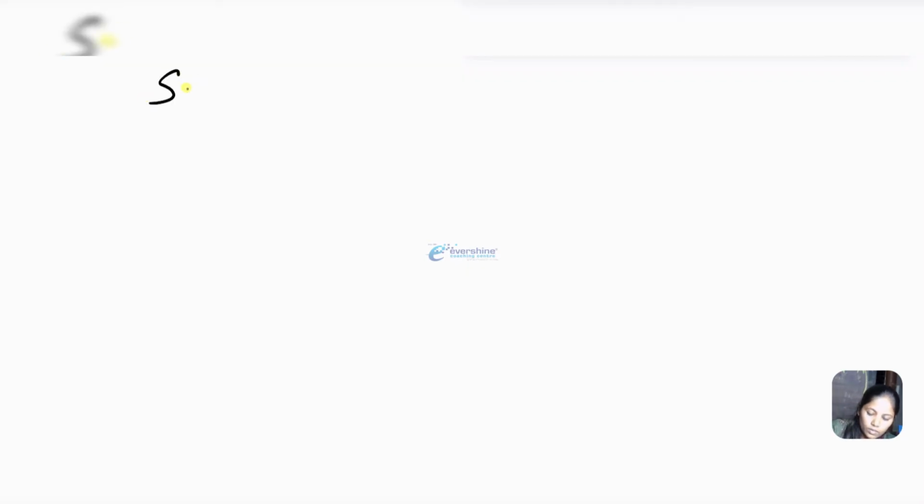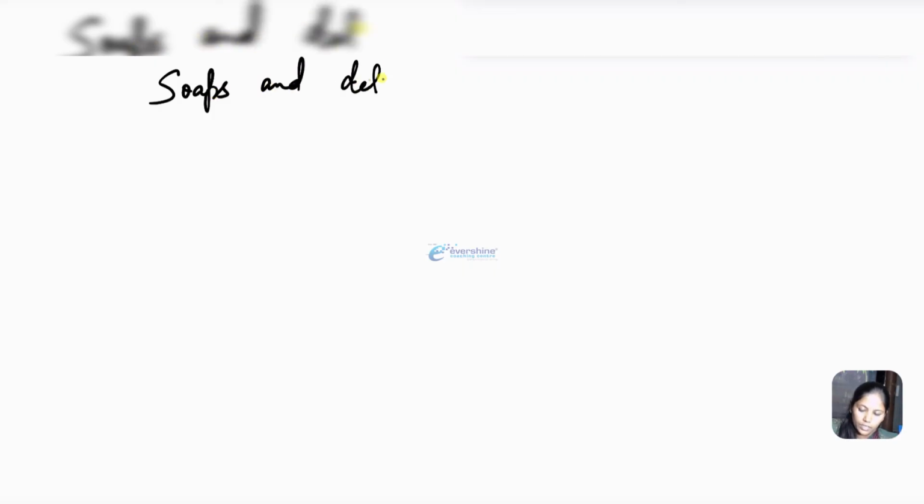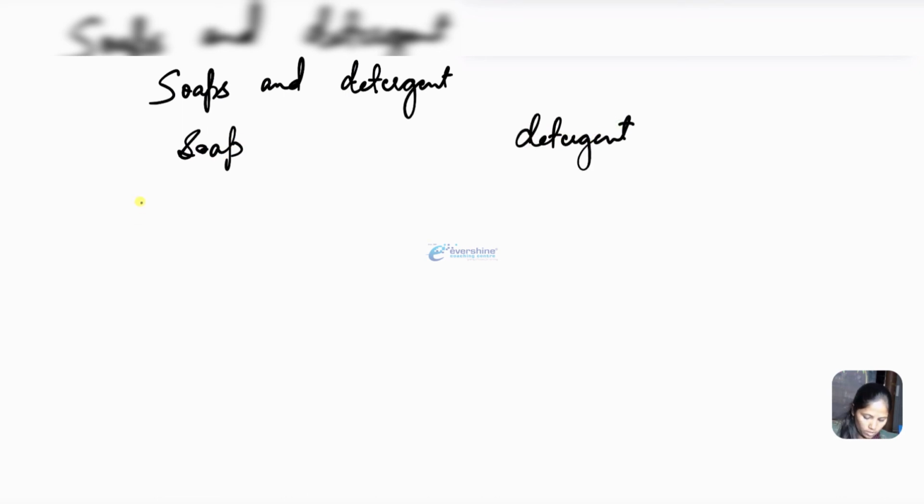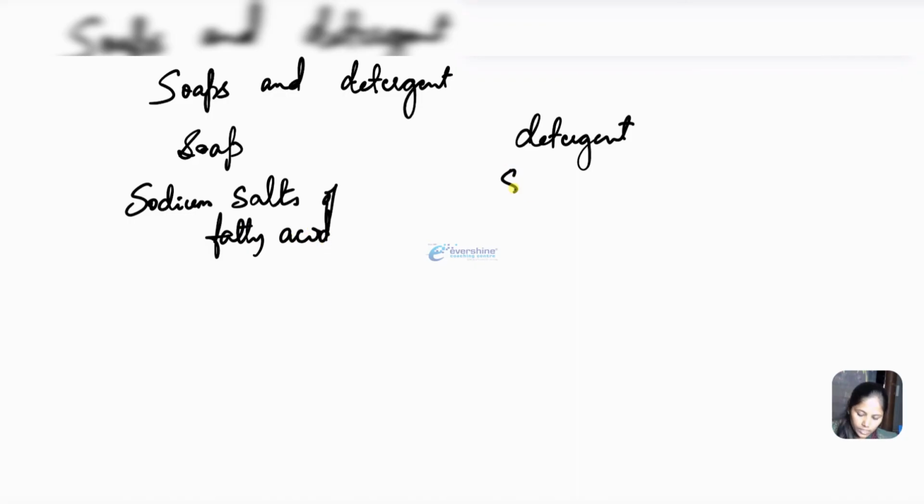In the exam, they'll ask you the difference between soap and detergent. Soap is sodium salts of long chain carboxylic acid. Detergents are sodium salts of long chain sulfonic acids. The difference you should know. So long chain fatty acids are soap, long chain sulfonic acids are detergents.